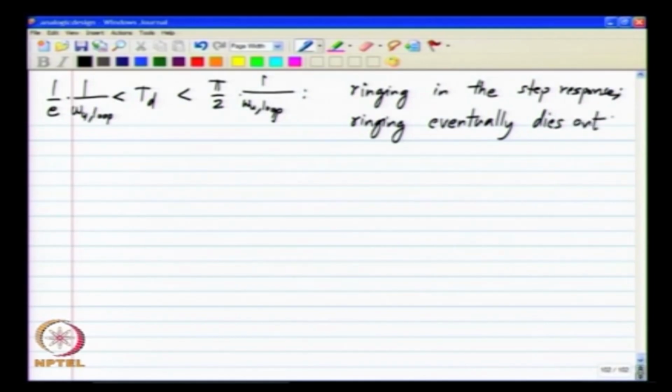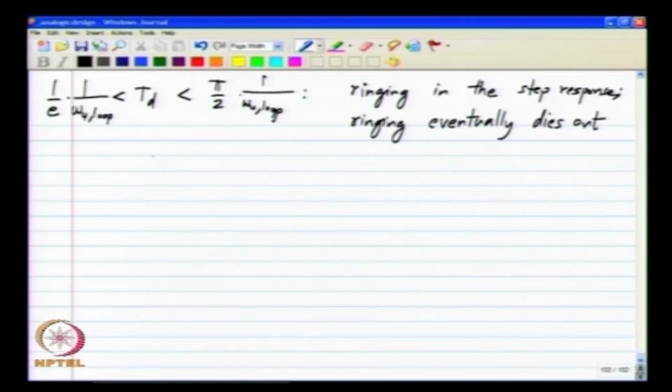Okay. So, the system is stable in that if you apply a step, there will be some ringing and that thing eventually dies out, and the same thing is true if you have initial conditions in the system, they will eventually die out, but there can be a lot of ringing. You can tolerate a little bit of ringing, but usually not a lot of ringing.